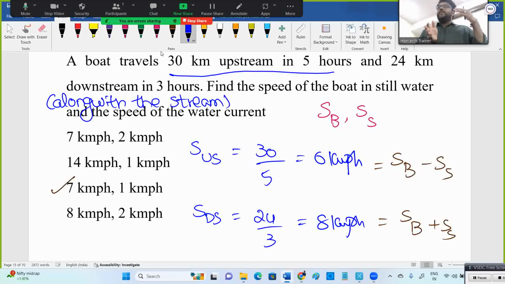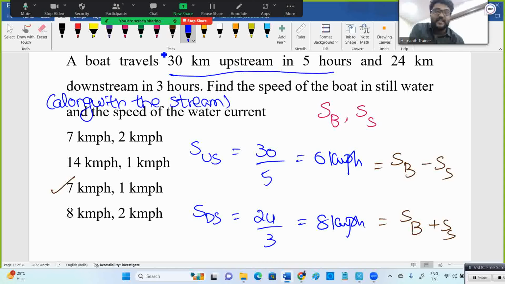Listen, you are riding a bike or cycle. Along with the wind direction, does your bike speed increase or decrease? It increases, right? Opposite to the wind, the same as upstream: the water is flowing one way and the boat is going against it. It is pushing you back, so your speed will decrease.